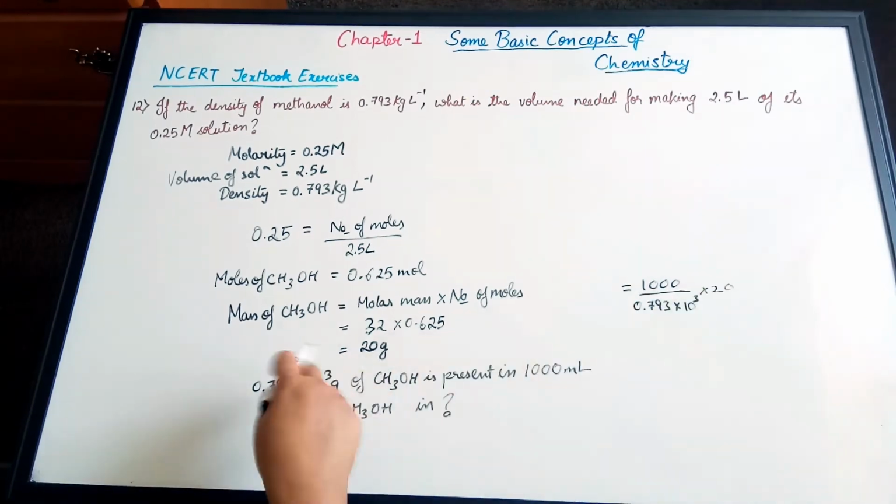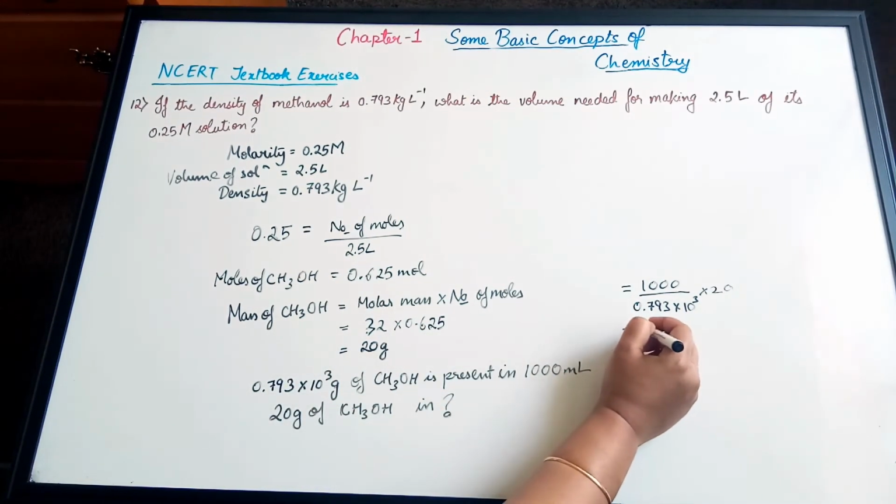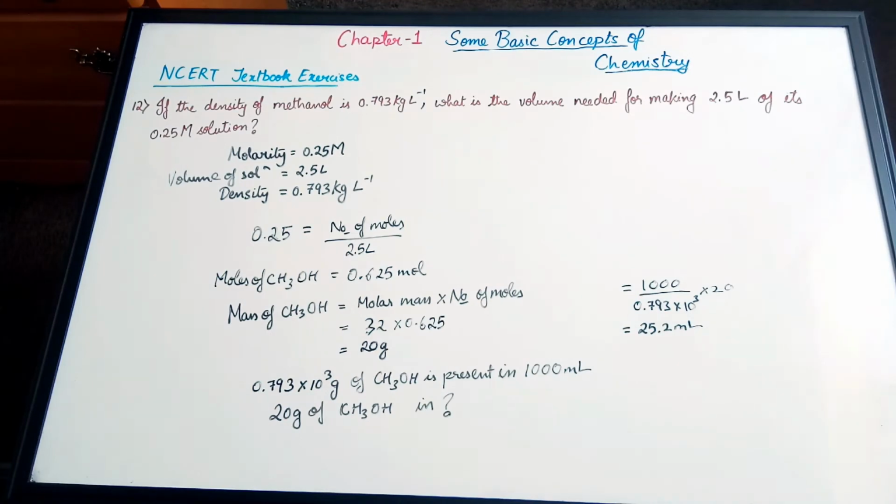We are just cross multiplying this, and this gives us a value of 25.2 ml. So this is the volume of methanol which is needed for making 2.5 liters of 0.25 molar solution.